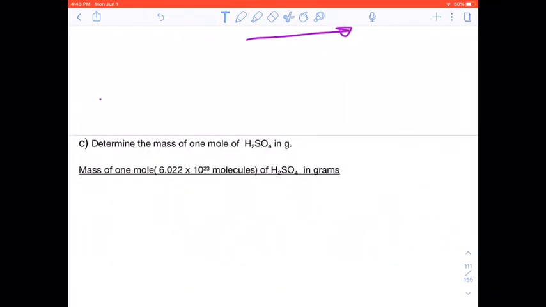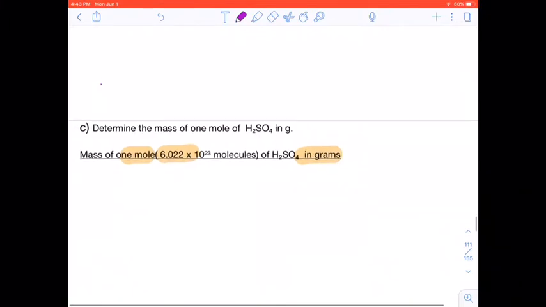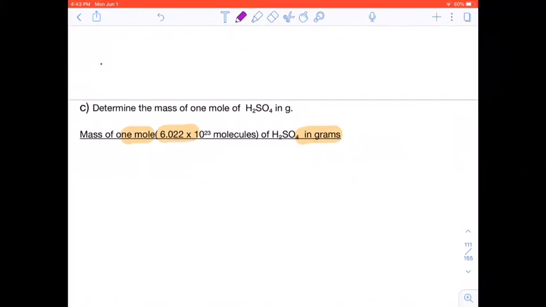Now let's see that. So we want a mass of 1 mole, and we know a mole contains that, and we want the mass in grams. So we know the mass of 1 molecule is 98 AMU, correct?